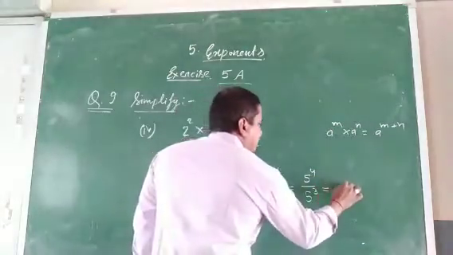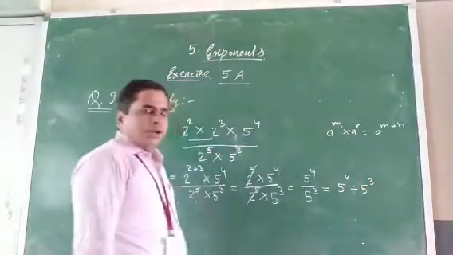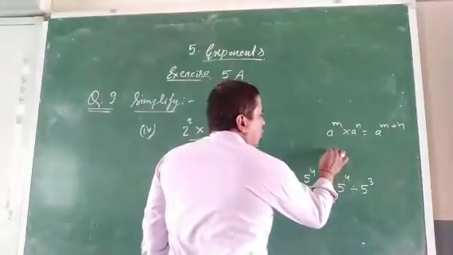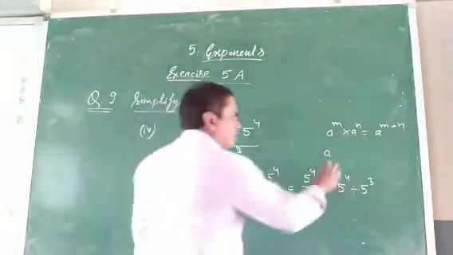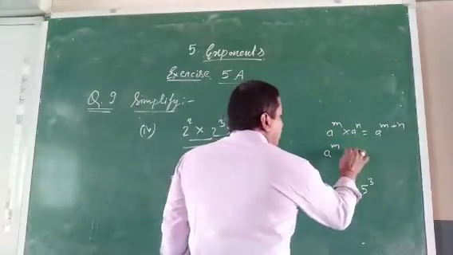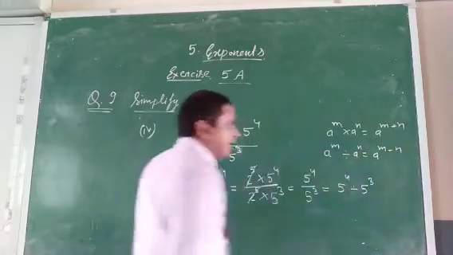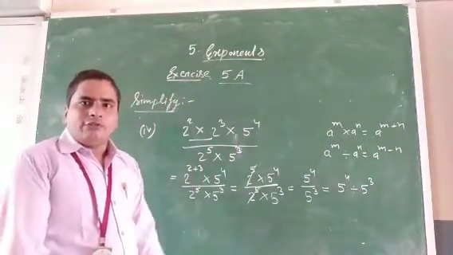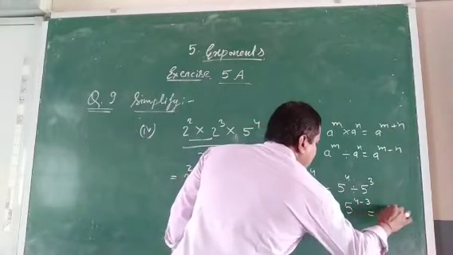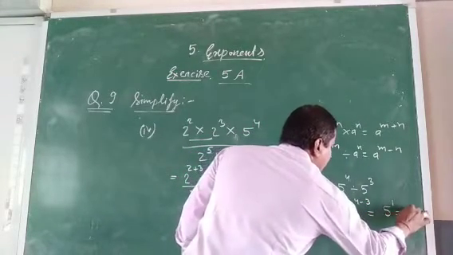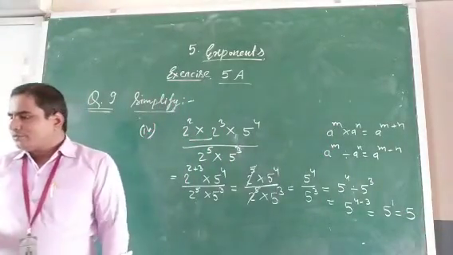Now you will use the law of exponents: a to the power m divided by a to the power n is equal to a to the power m minus n. यहाँ पे ये रूल यूज करेंगे. So apply here: 5 to the power 4 minus 3 is equal to 5 to the power 1, that means 5.